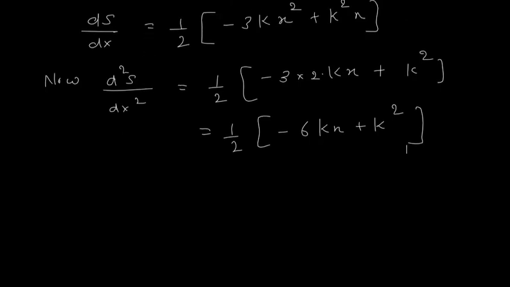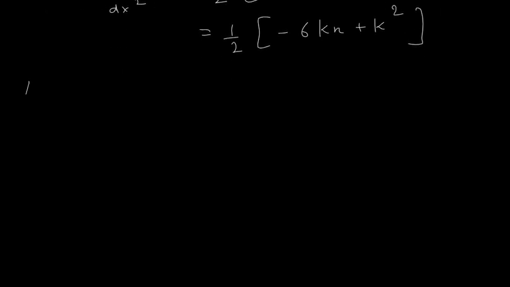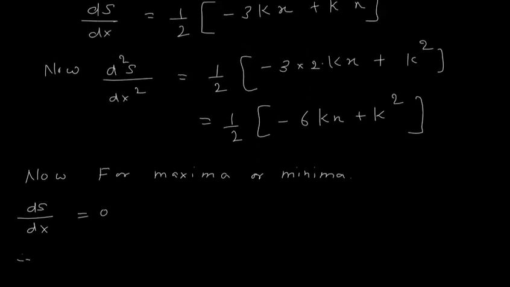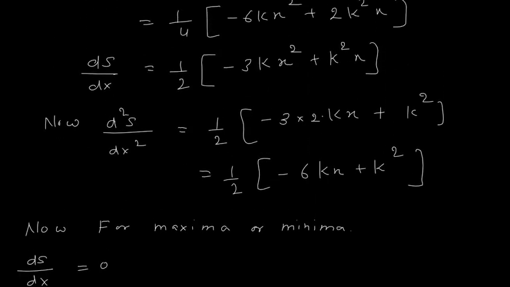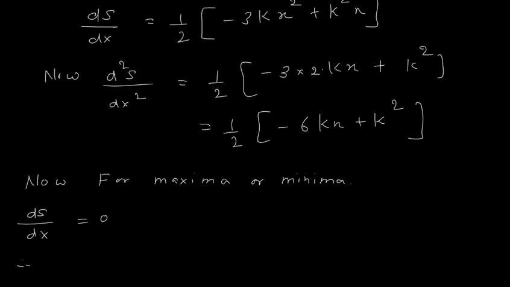Now for maxima or minima we have ds upon dx equal to 0. Therefore ds upon dx gives me half into minus 3kx square plus k square x, this should be equal to 0.